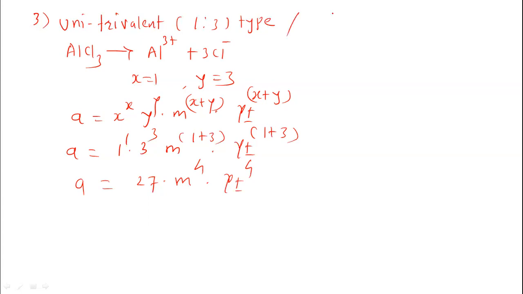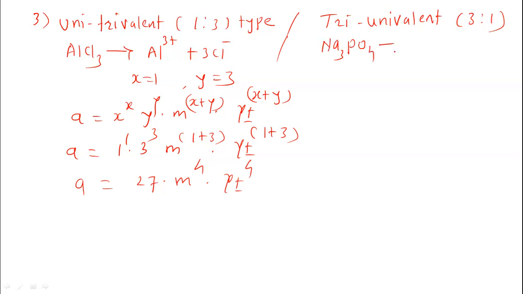Now let us take the example of the triunivalent type of the electrolyte, that is 3 is to 1 type. The example of this electrolyte is Na3PO4, sodium phosphate.